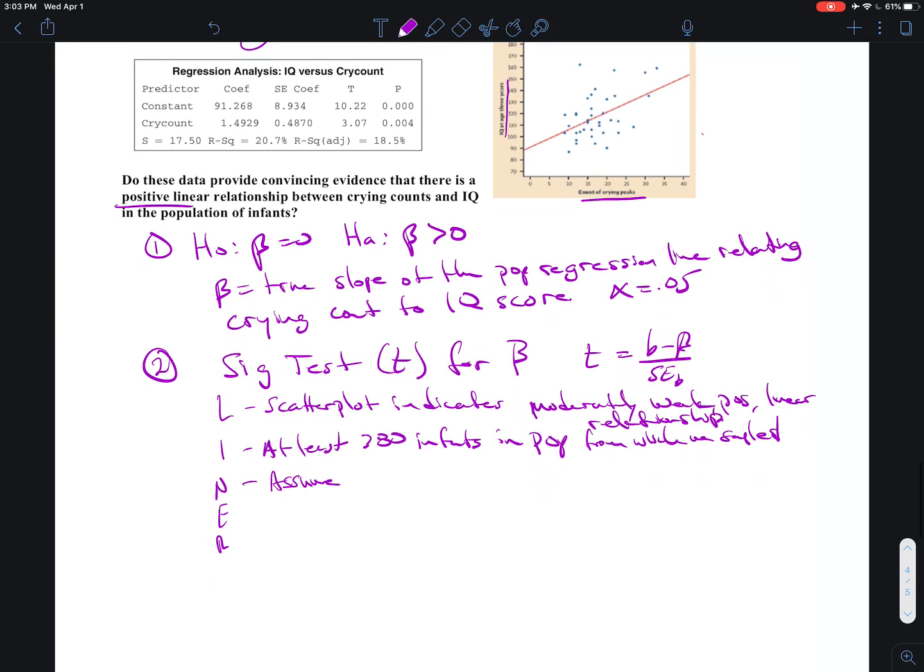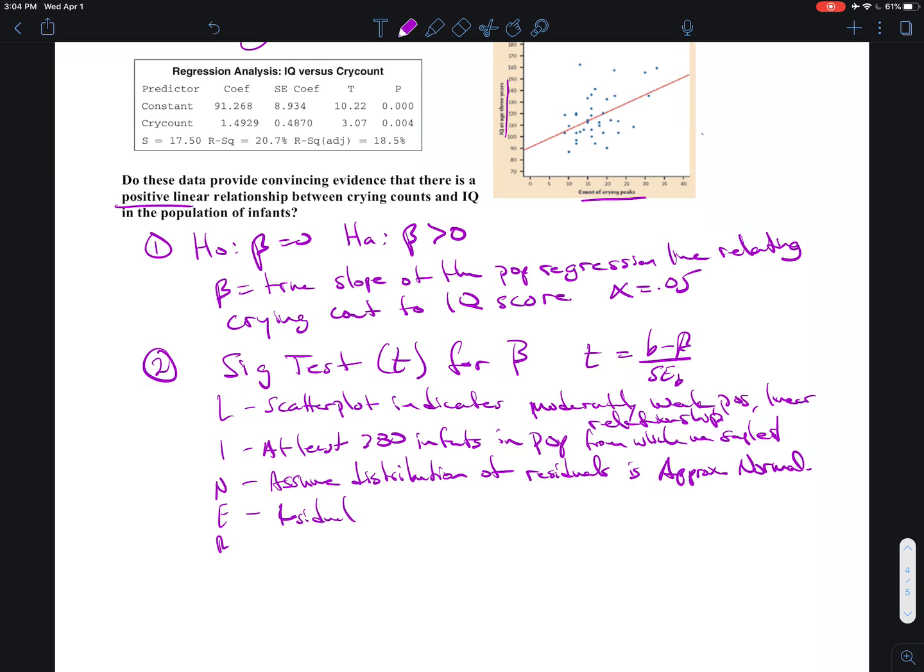So as specific as we can be about our assumption, we assume the distribution of residuals is approximately normal. That's the best we can say without the data or without being given a graph. Equal variance is our next condition, and that would be the residual plot again.